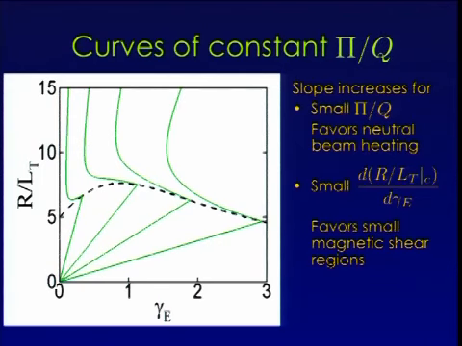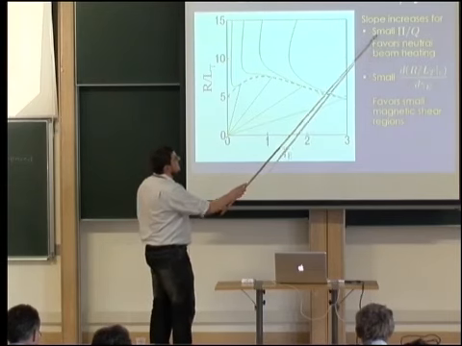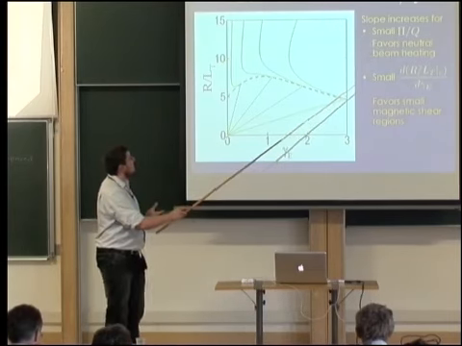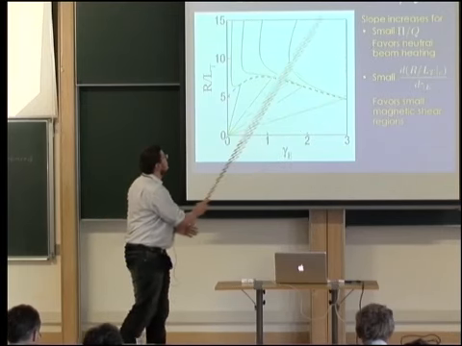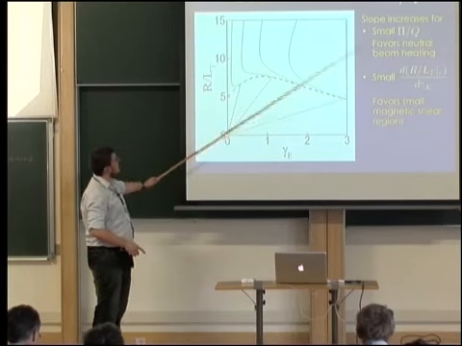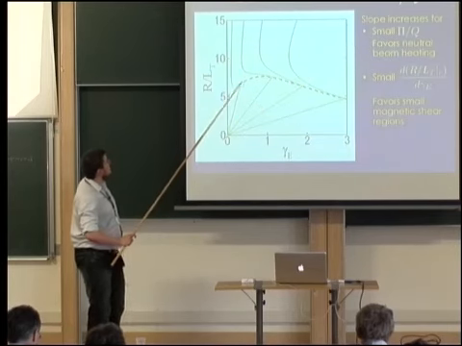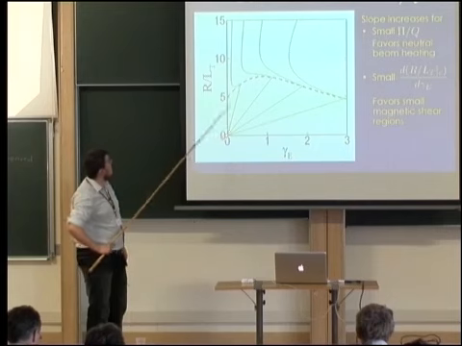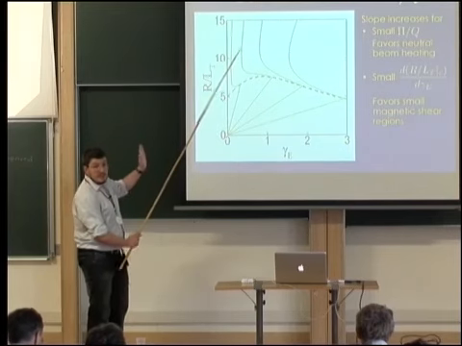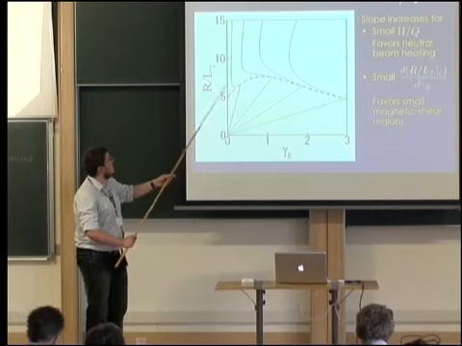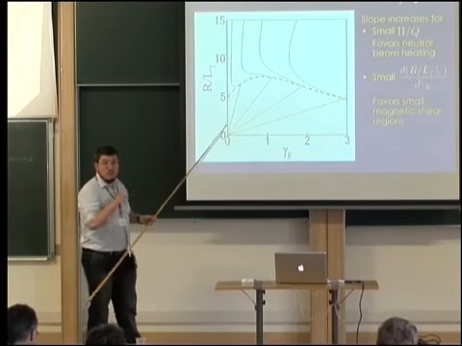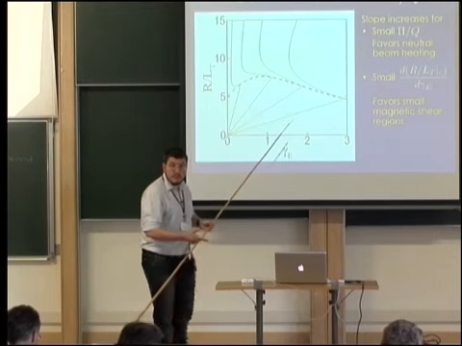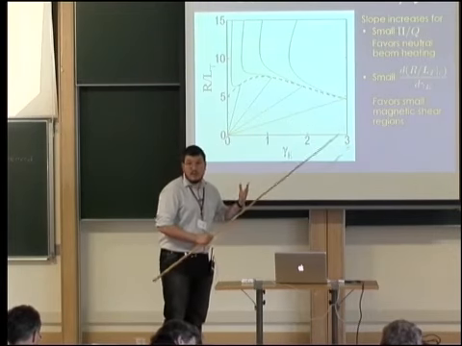The other parameter is pi over Q. Again, this is wrong, this should be larger. As you come this way, you can see that the line of neoclassical and the turbulent line try to align with each other, so you lose this feature. So as you get to a smaller pi over Q, you lose that slope, you can lose the bifurcation. So this actually has two nice properties.